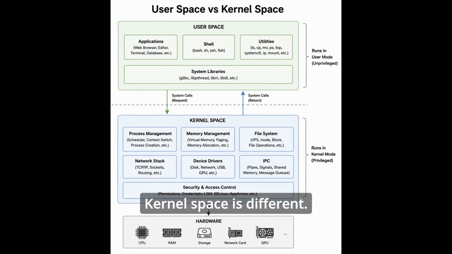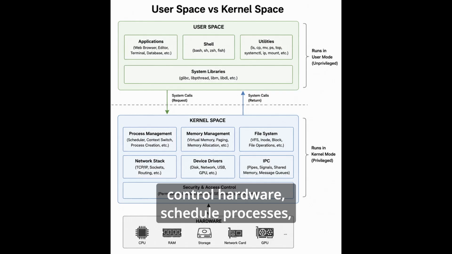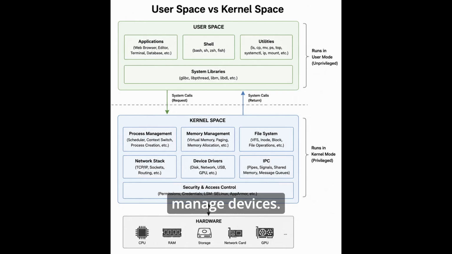Kernel space is different. Kernel space contains the Linux kernel itself. It has full control over the system. The kernel can access all memory, control hardware, schedule processes, manage devices, handle interrupts. The kernel runs in privileged mode. Applications run in unprivileged mode.